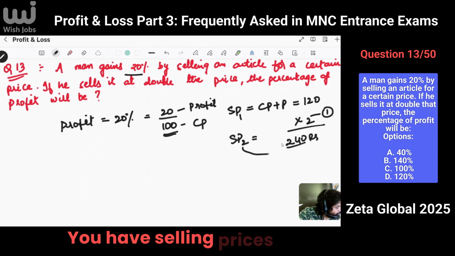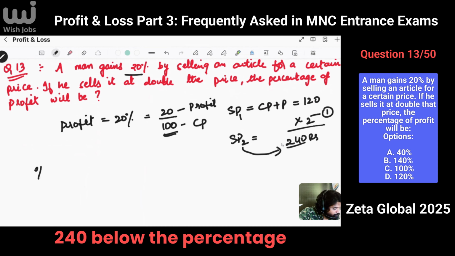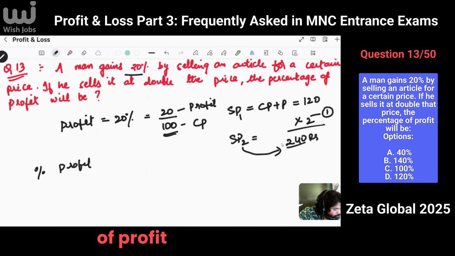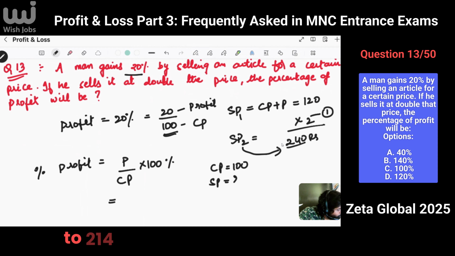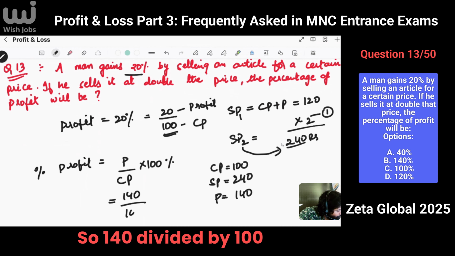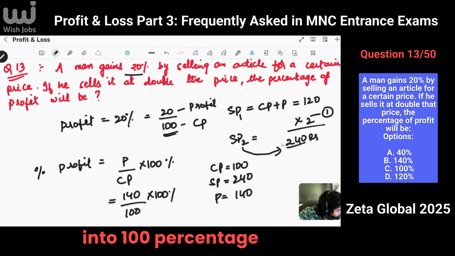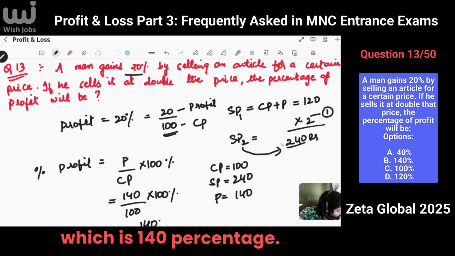You know the percentage of profit is profit divided by cost price into 100 percent. CP equals 100, SP equals 240, profit would be SP minus CP, that is 140. So 140 divided by 100 into 100 percent, which is 140 percent.